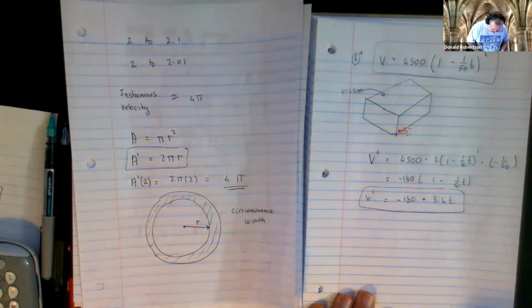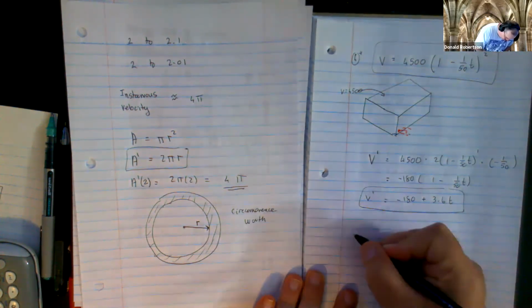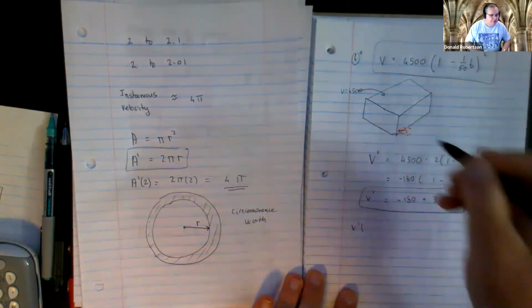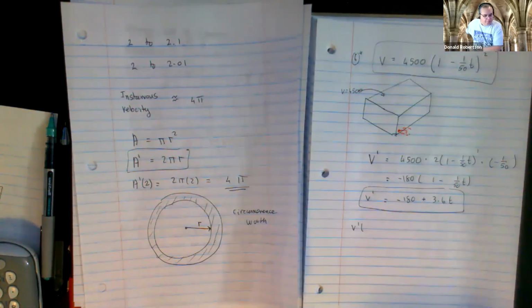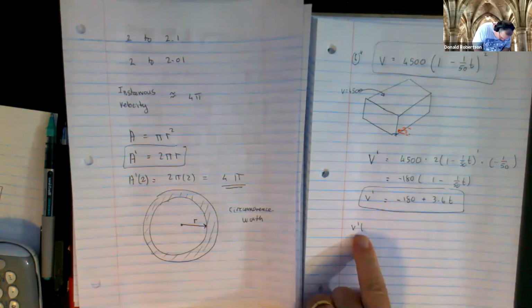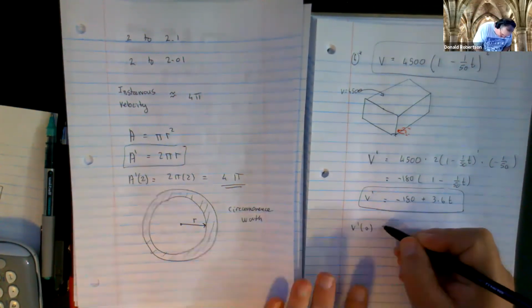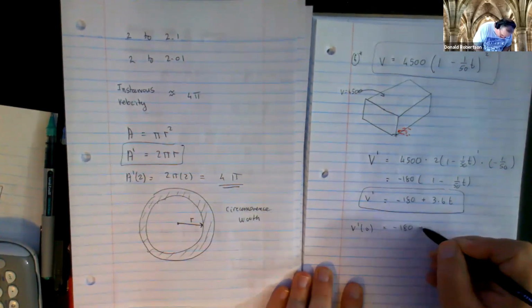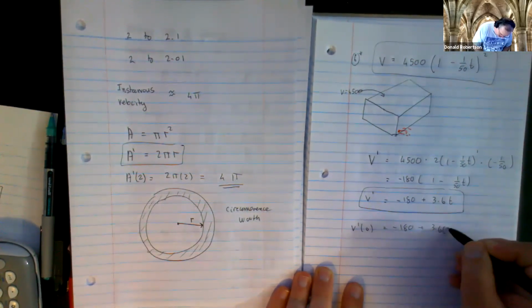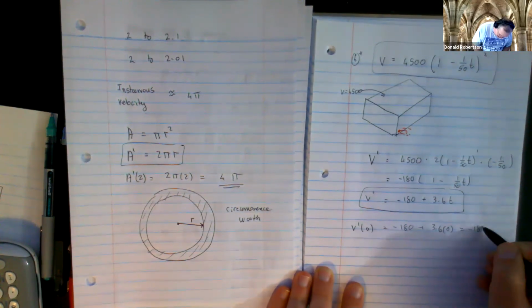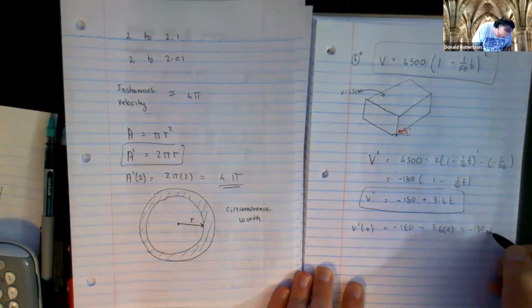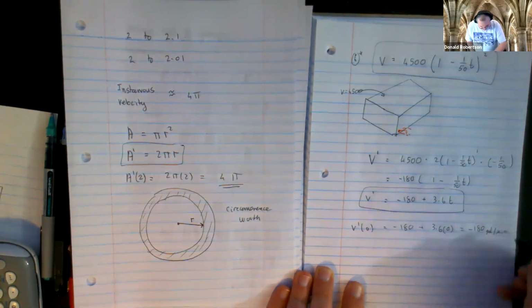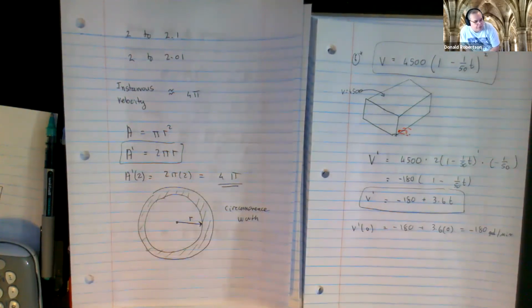So I can, for instance, tell you what the rate is when the hole appears, right? So you had a full tank and somebody got a screwdriver and banged a hole in it, right? At the 0 second mark, the rate at which this is streaming out of the tank is negative 180, and the units are gallons per minute. So this tank is losing fluid at the rate of 180 gallons a minute.